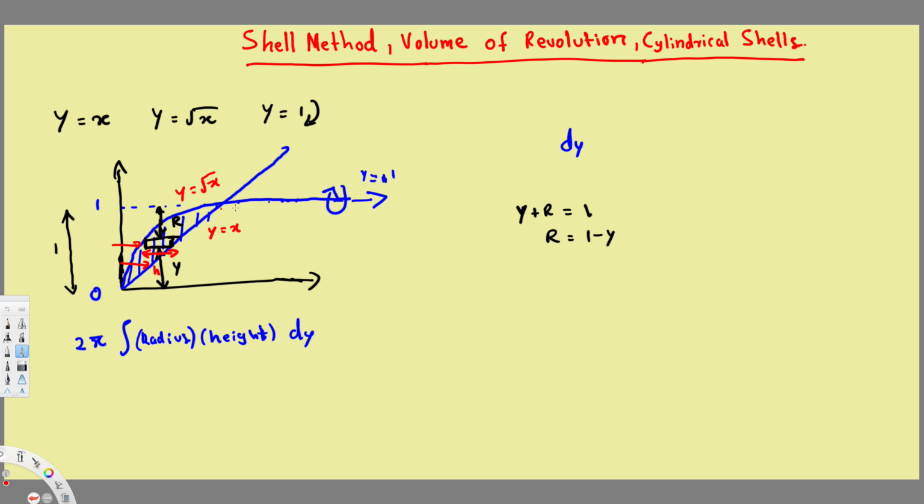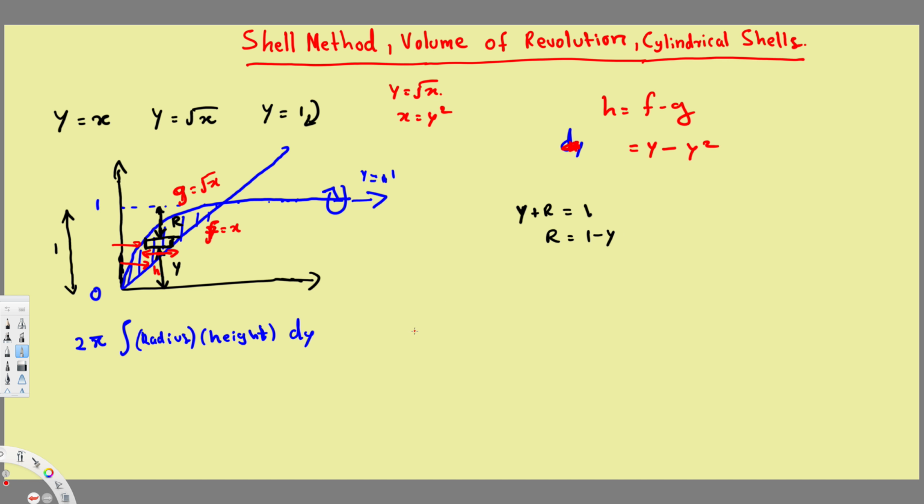So if I say this is f and this is g, h is going to be f minus g. But we want everything in terms of y. So for the first one, y is equal to x, we can directly say y. For the second one, y is equal to root x means x is equal to y squared. So this is going to be y minus y squared. Now we have the height in terms of y.